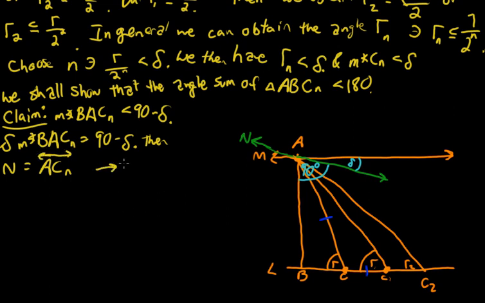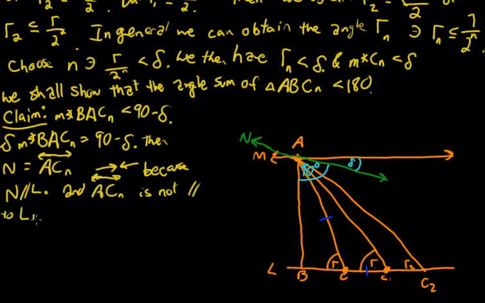But that's a contradiction, because N is parallel to L, and AC sub n is not parallel to L.